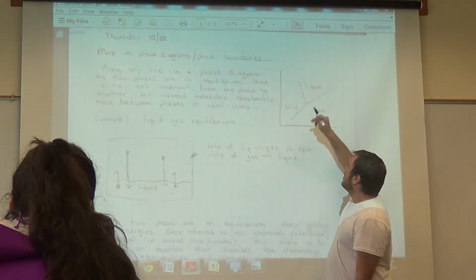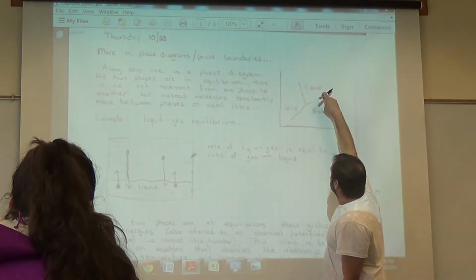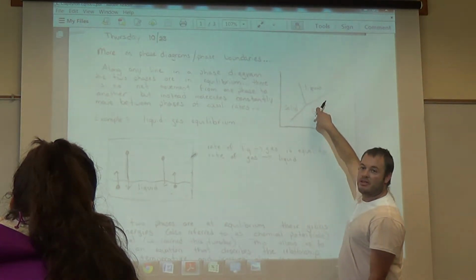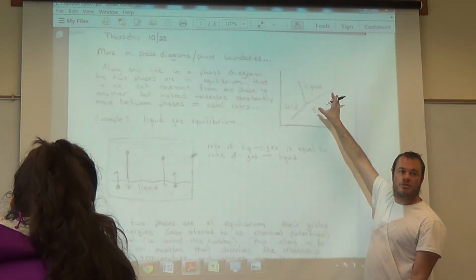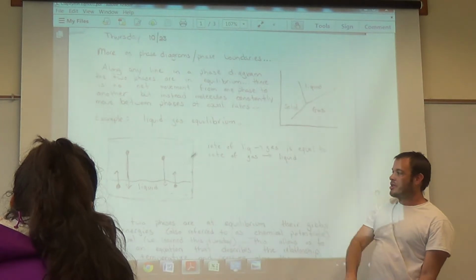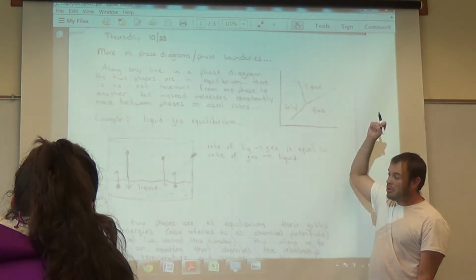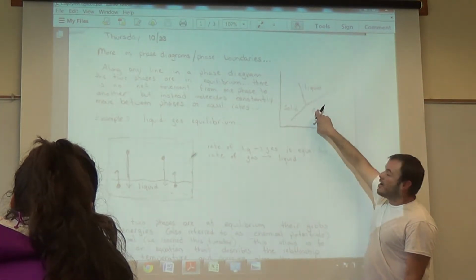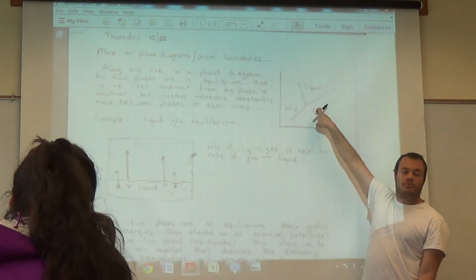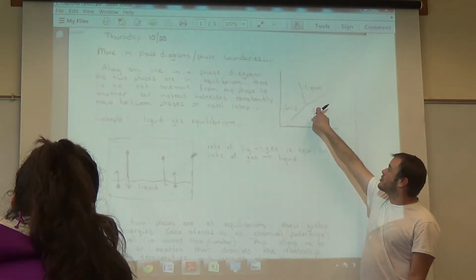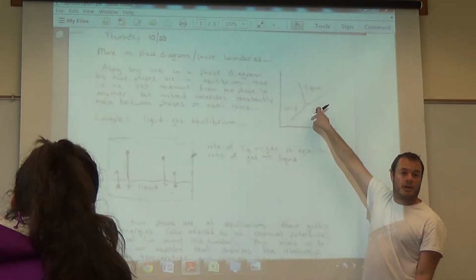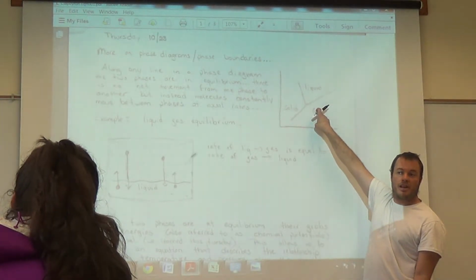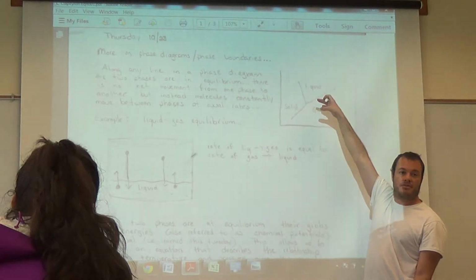It decreases. And so if we're sitting at this point, a decrease in pressure moves us down, right? If we're maintaining temperature constant, we're not concerned about changing temperature, so we pull the piston out and change the pressure. We move down on the axis, right? And so now we're sitting in a position where the two phases aren't in equilibrium. There's a net favor of the gas phase, right?